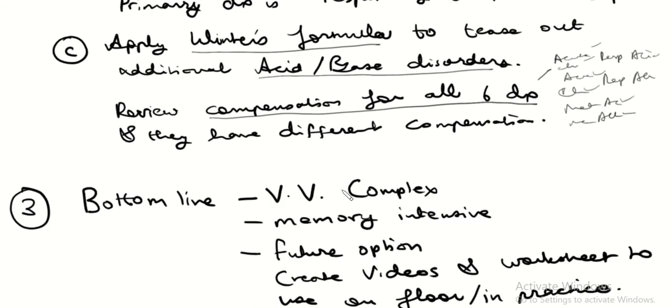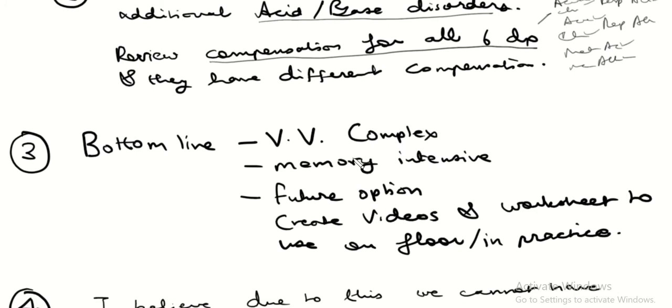That is correct because this textbook way of doing acid-base disorders and ABG interpretation is very accurate, provides you lots of great information, but is extremely complex, extremely memory intensive. So if I get a lot of requests, I am going to, in the future, maybe create a video of how to do it.